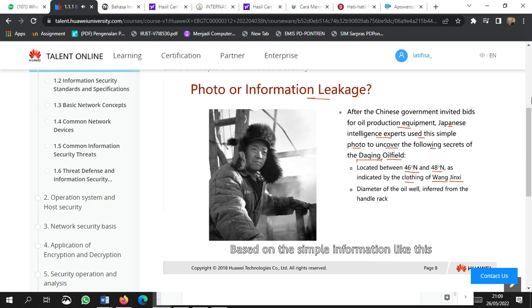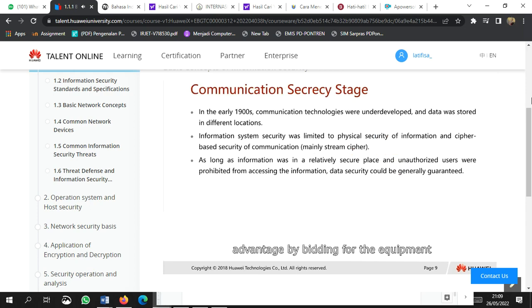Based on simple information like this, and also the way he handled the equipment, they could tell this is somewhere near the northeastern side. So finally, the Japanese were able to gain a good advantage by bidding for the equipment. Sometimes information as simple as a photo can be to somebody's advantage.